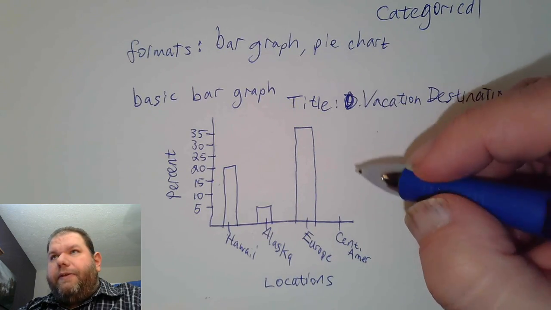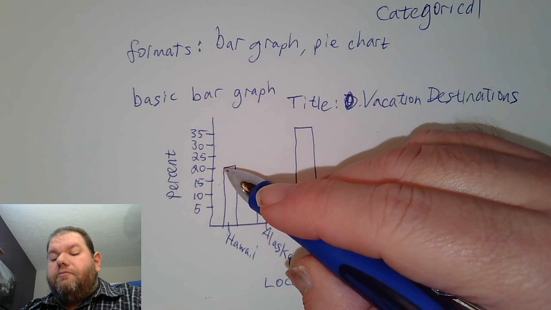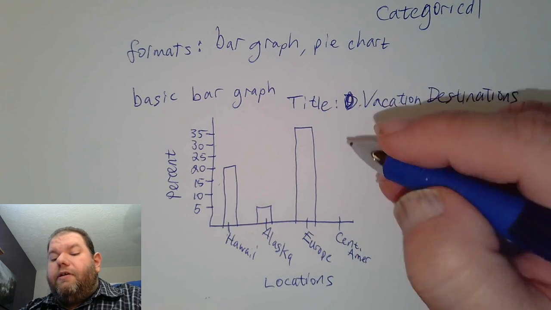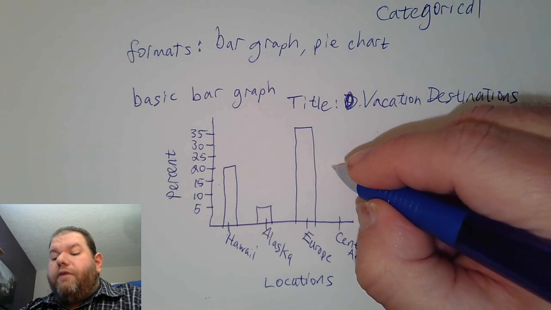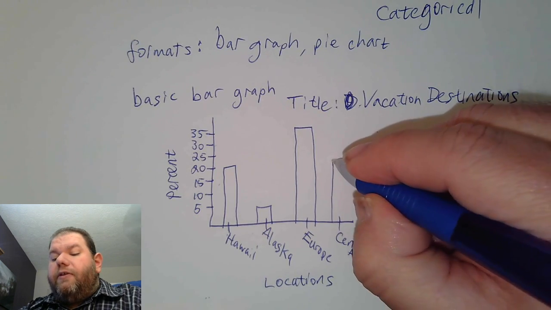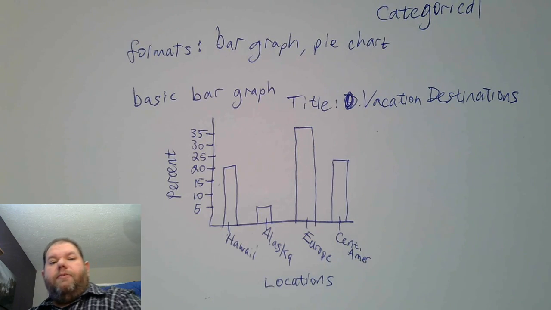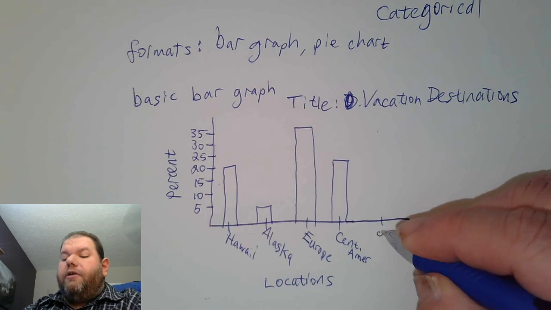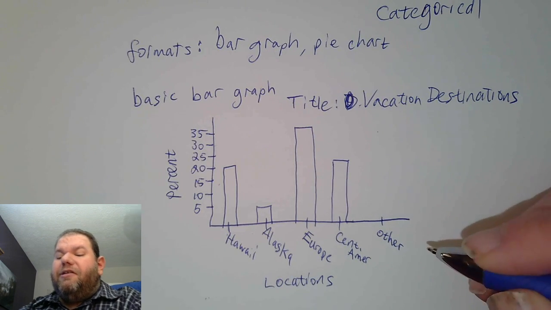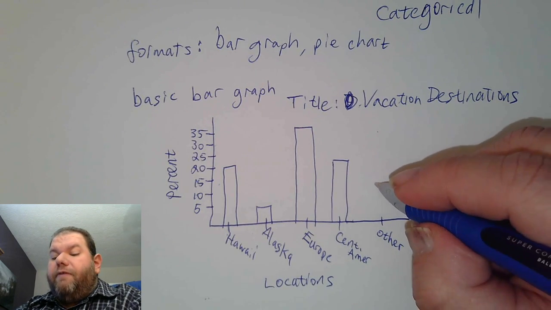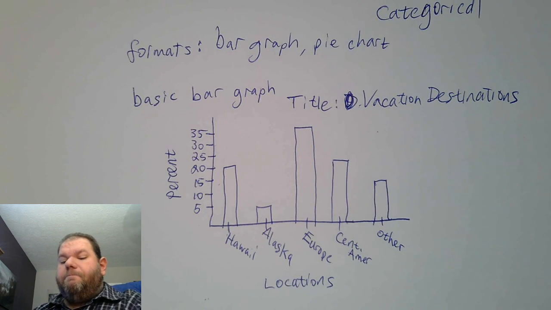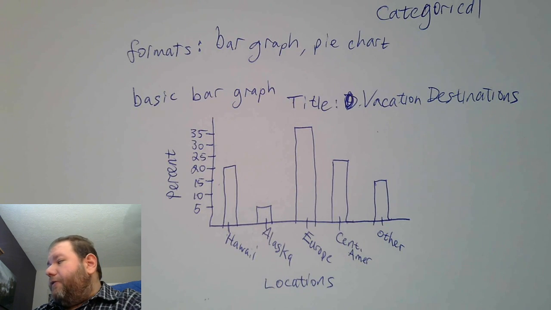And then what's left? 25, 35 is 60. So maybe another 25% chose Central America, and there's some other options, but I'll add one more category, other, which would be the remaining 15%. Ideally that would add up to 100 if I did the math right.